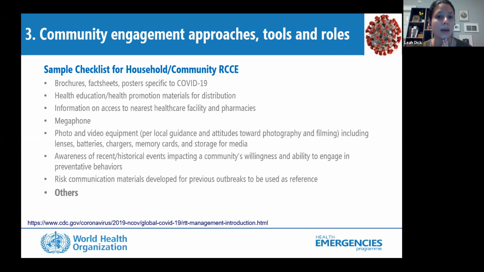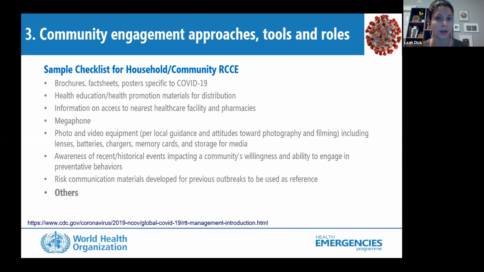So this is just a sample checklist of actual tools that you may want to bring with you to the field. One thing that I do want to bring some focus to is, I believe, the third point up, which would be awareness of recent and or historical events impacting a community's willingness and ability to engage in preventative behaviors.